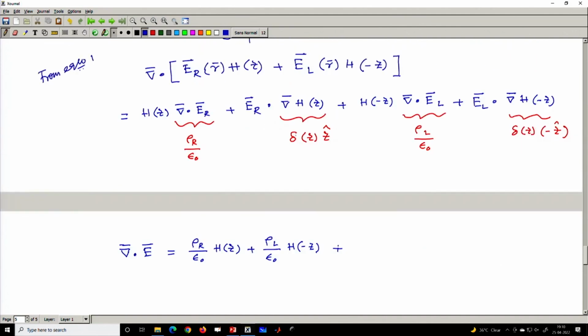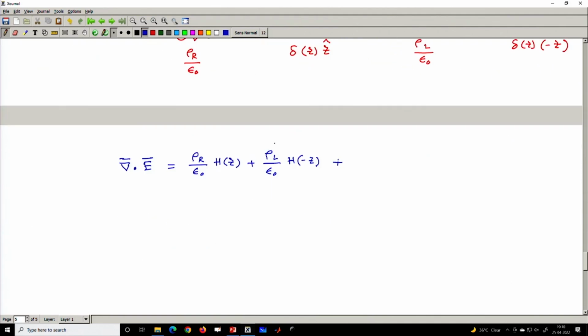I get these two terms with E_R, E_L, and dot these things. So I simply have the z unit vector dot (E_R minus E_L) with the delta function.